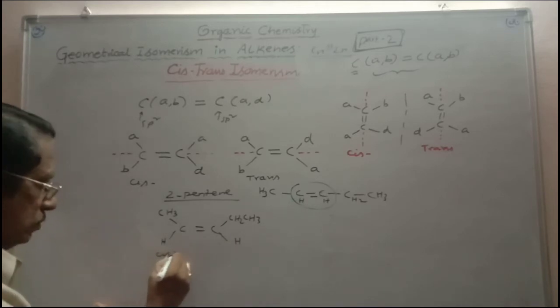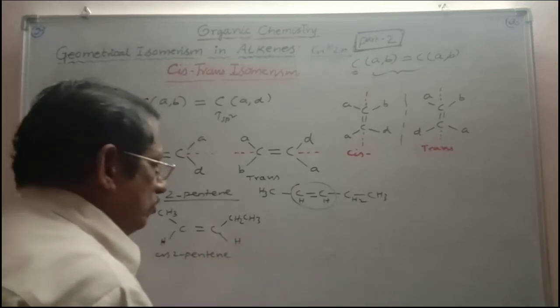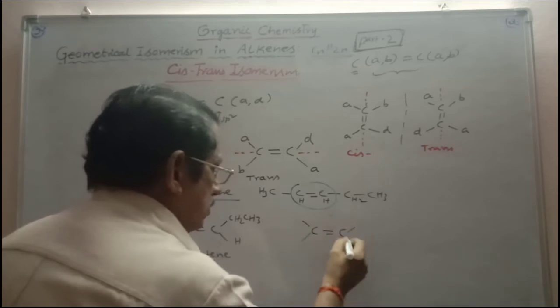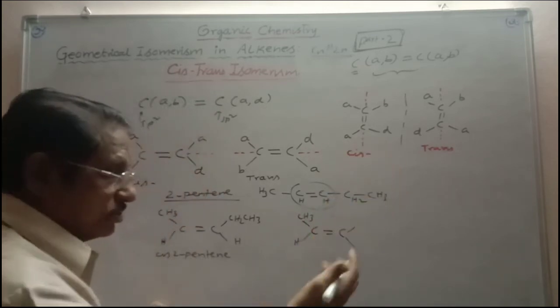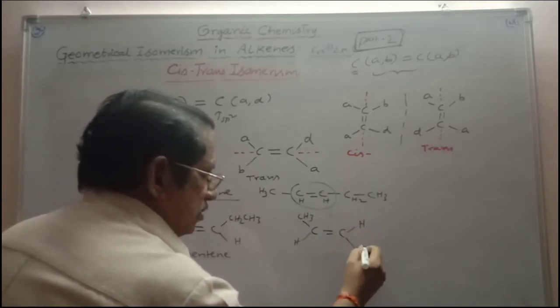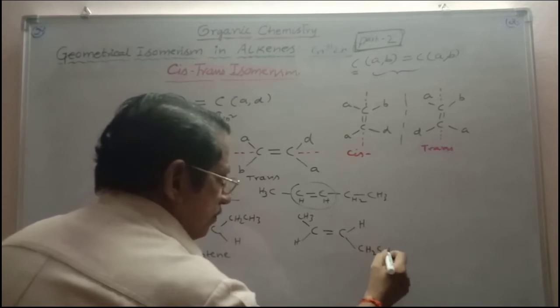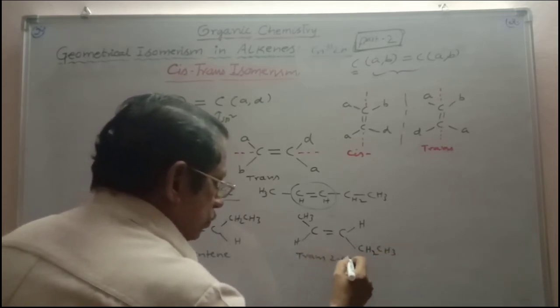So this is cis-2-pentene. Similarly, you can take the trans isomer also. C double bond C, CH3, H. H should be on the opposite side. H here, CH2, CH3. This is trans-2-pentene.